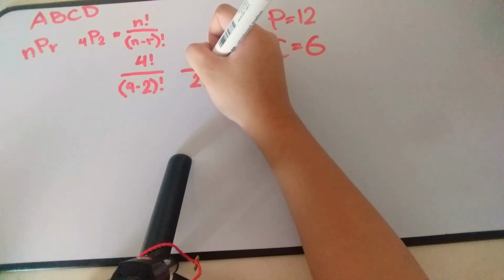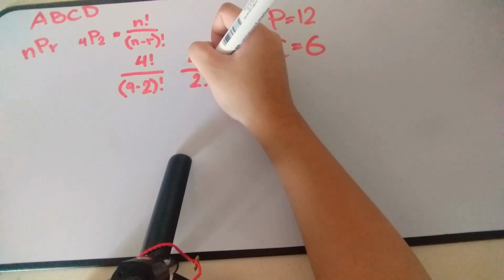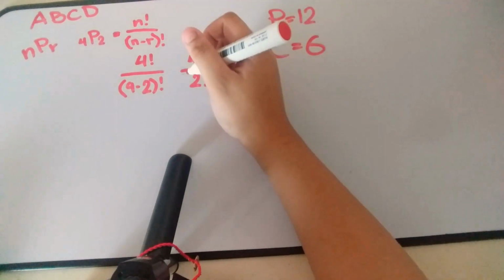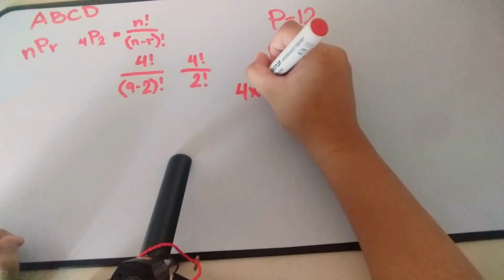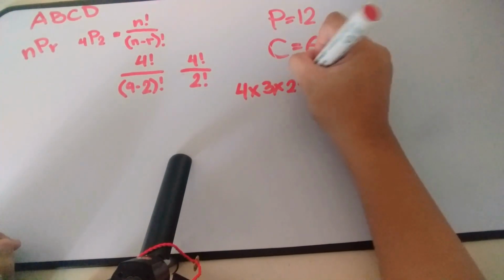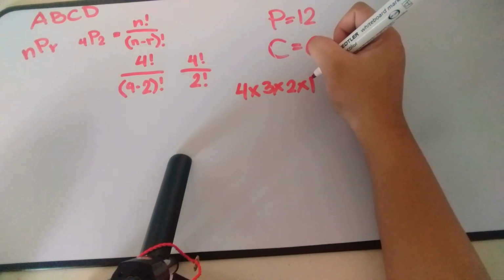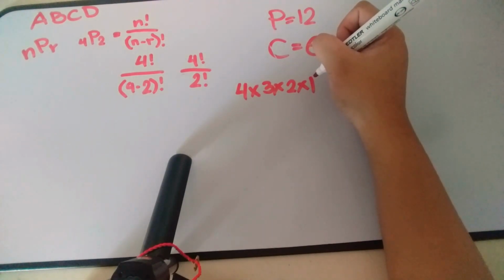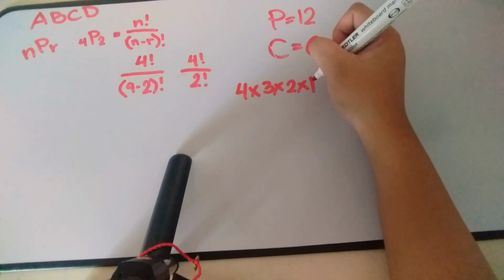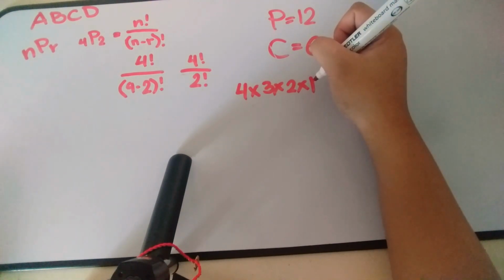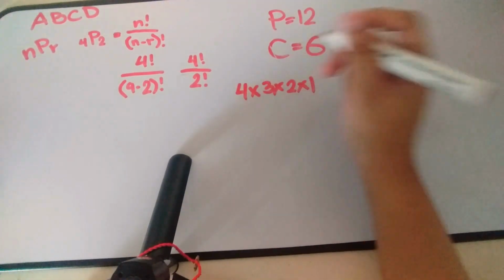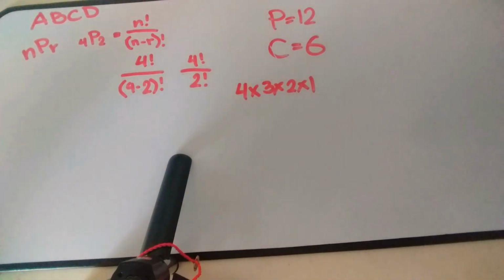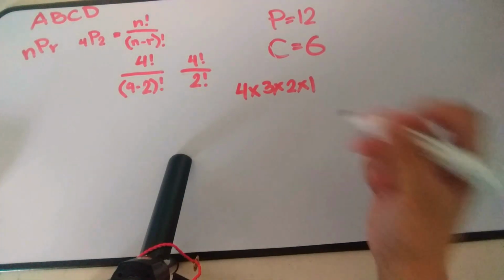So we have 4 factorial divided by 2 factorial. So what exactly is 4 factorial? 4 factorial is 4 times 3 times 2 times 1. You start with this number and multiply it by every integer all the way down to 1. 2 factorial is simple: 2 times 1.